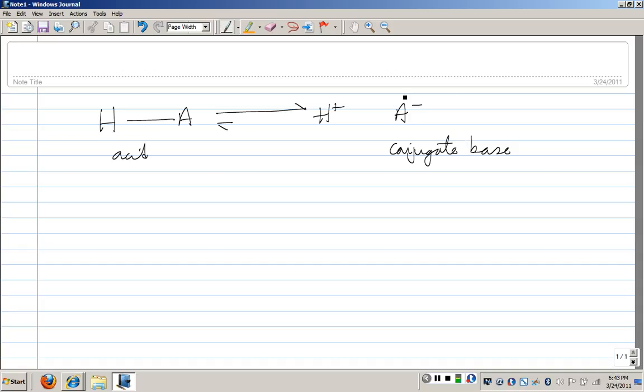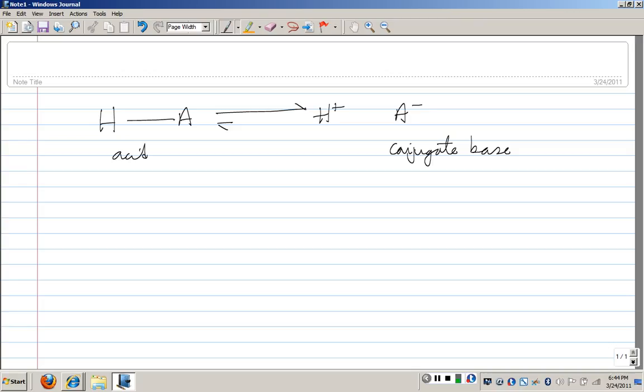If I'm going backwards, A minus plus H plus, the species that acts as the base, the proton acceptor or the electron pair donor, that species is the conjugate base. Okay? It's kind of funny how we define conjugate base and base, but it all depends on the direction the arrows are written in, but that's another point.